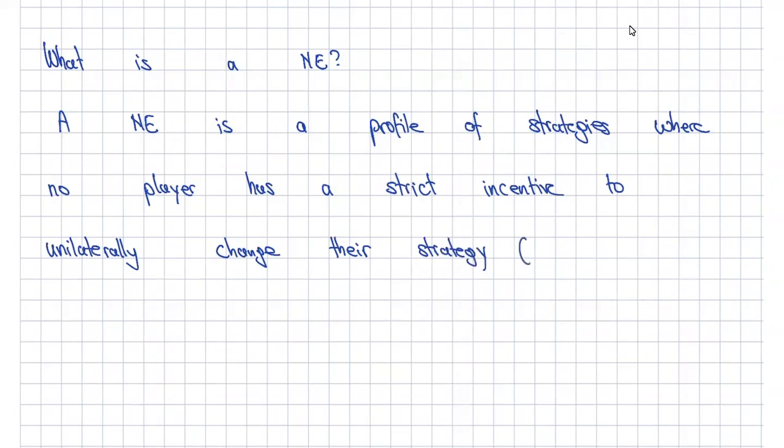Sometimes this is referred to as deviate. So no player has an incentive to deviate, so unilaterally change their strategy.